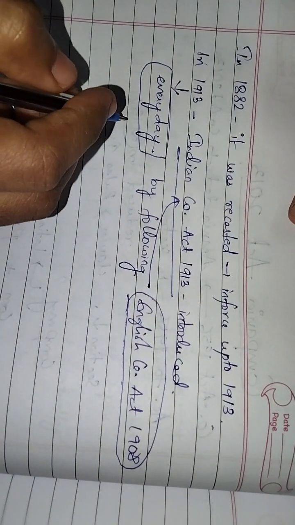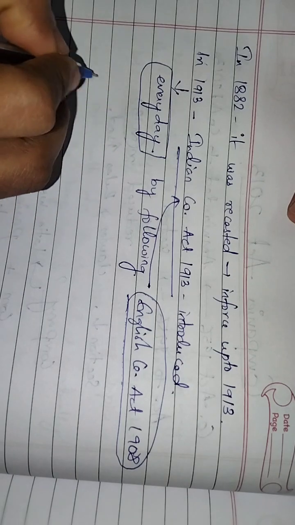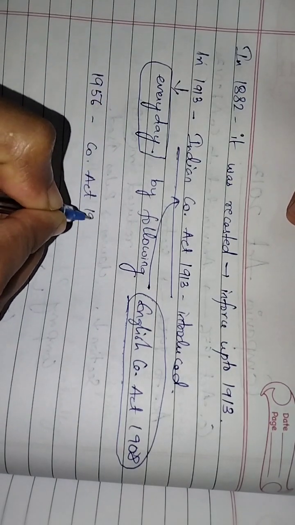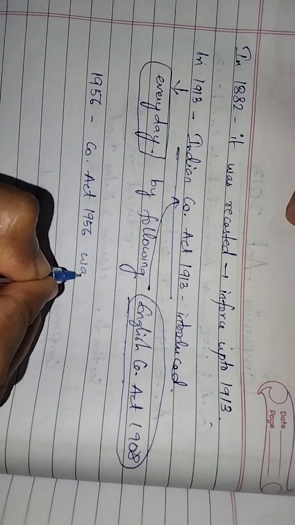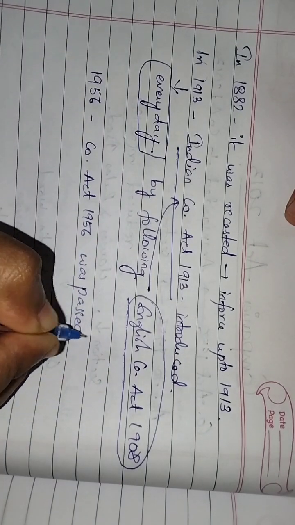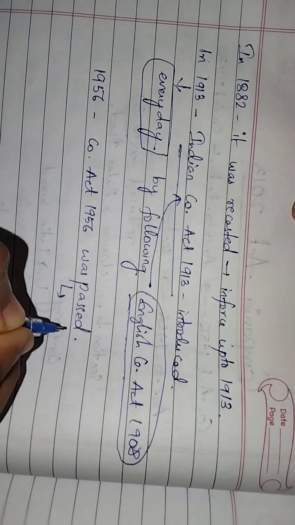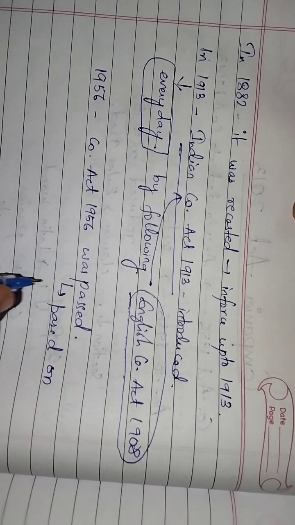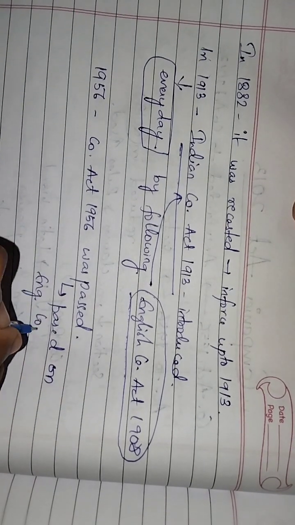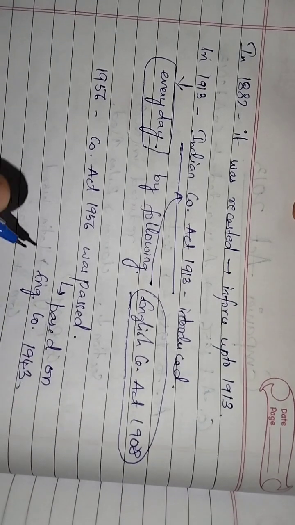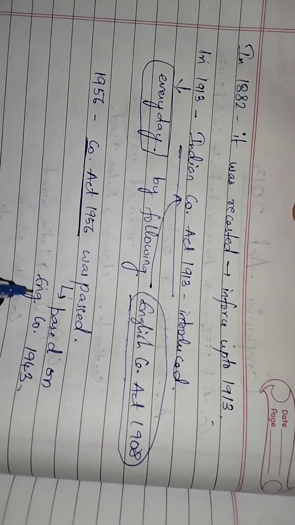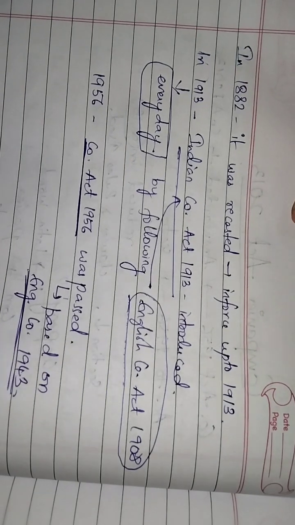How did the 1956 Act come? In 1956, the Companies Act was passed. This was purely based on the English Companies Act 1943.